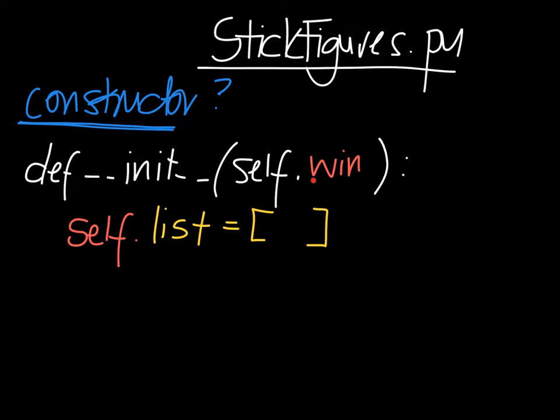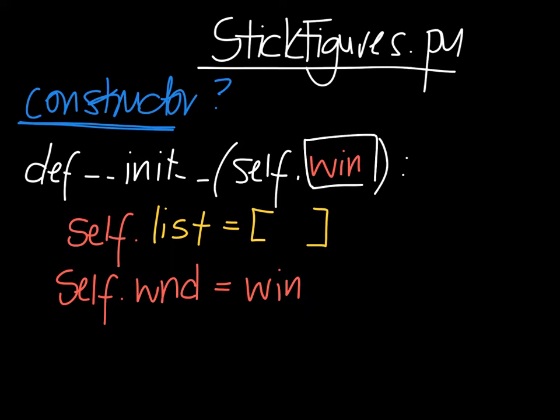So I also need to manipulate this window. So I'm going to create an internal member variable, which is going to hold a reference. So I don't have to keep on passing. I'm going to call it WND, short for window, and I'm going to pass it win. So I'm taking that variable and I'm passing it here, and then I'm going to store it internally.